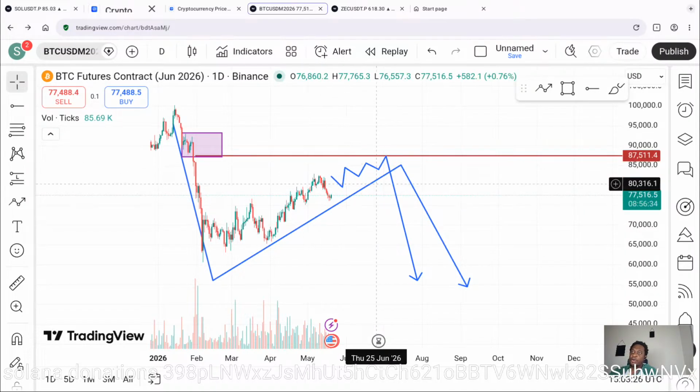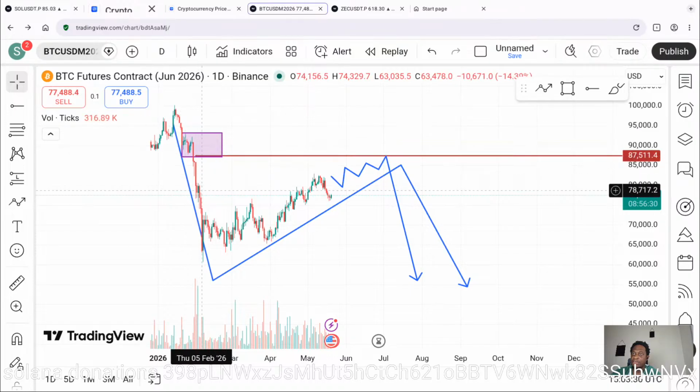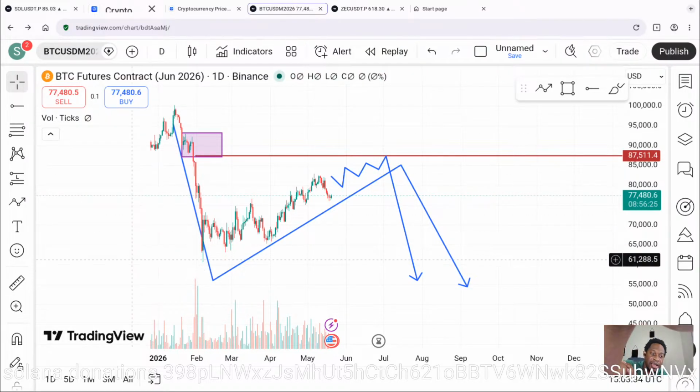Because notice how this sell-off happened aggressively. Let me get my pen, guys. Notice how this sell-off right there, that's the money.